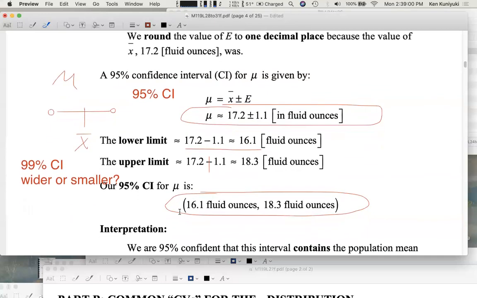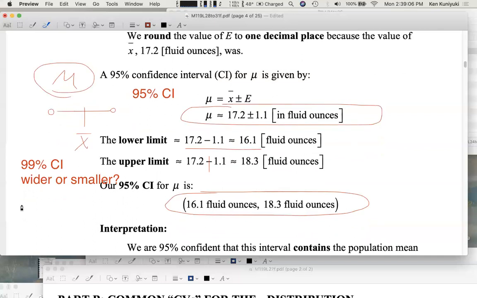Well, how would the confidence interval be more likely to contain this population mean, mu? And like all confidence intervals for mu, it needs to be centered at the sample mean. Well, to be more confident that this interval will contain the true value of the population mean, we need it to be wider. We need it to be bigger.